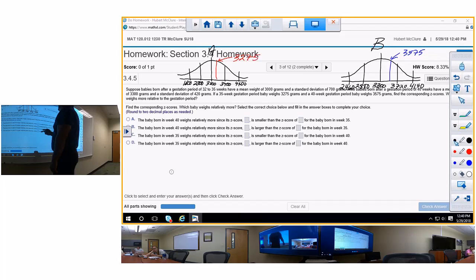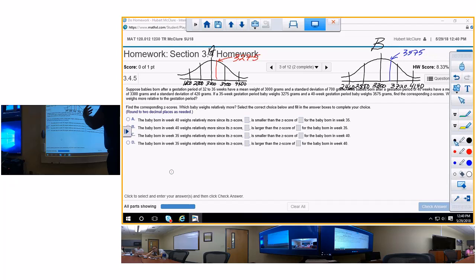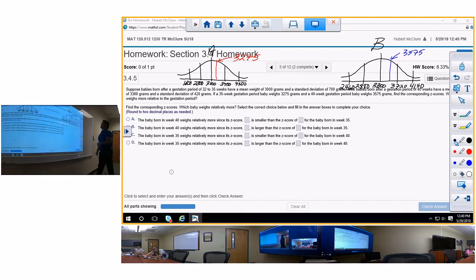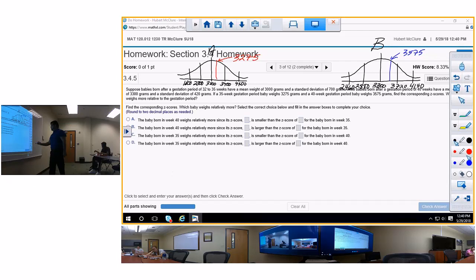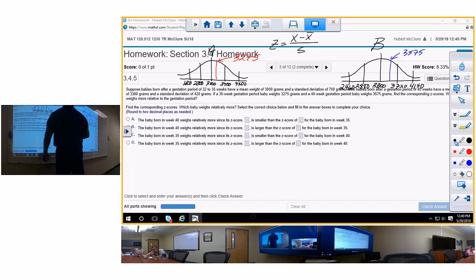All right, so I want everybody to do a z-score for the red and do a z-score for the blue. So calculate that z-score using our formula that we learned last week. Z is equal to x minus x bar over what? Standard deviation. Let's go ahead and do that.